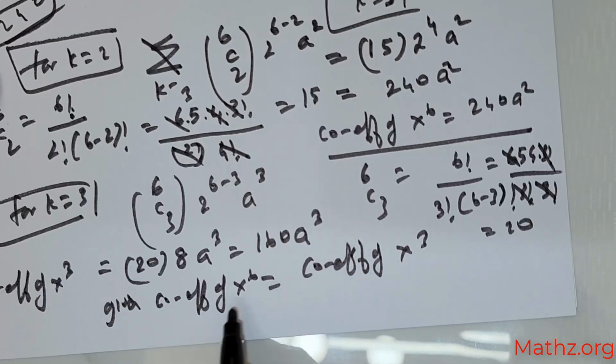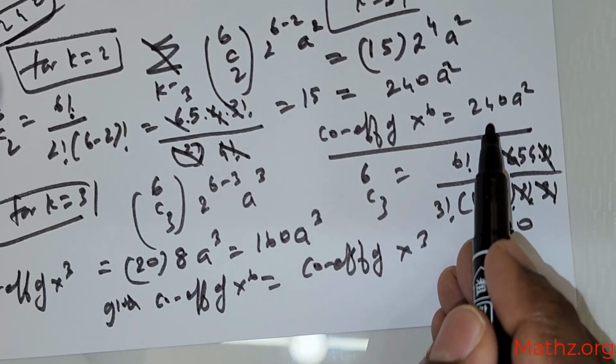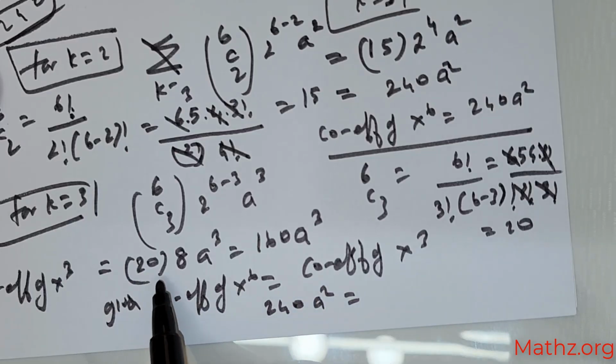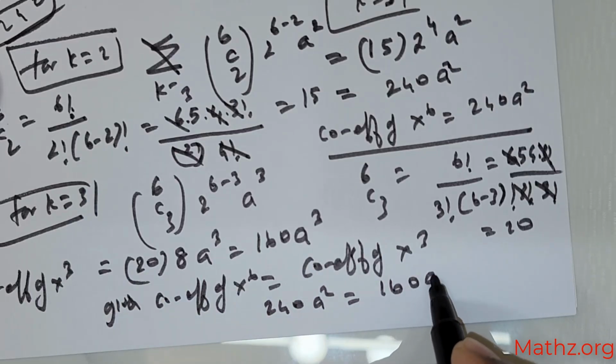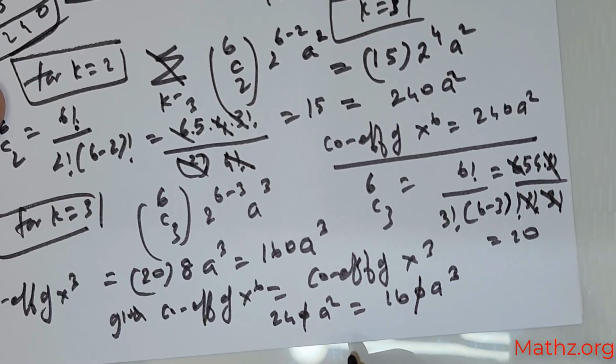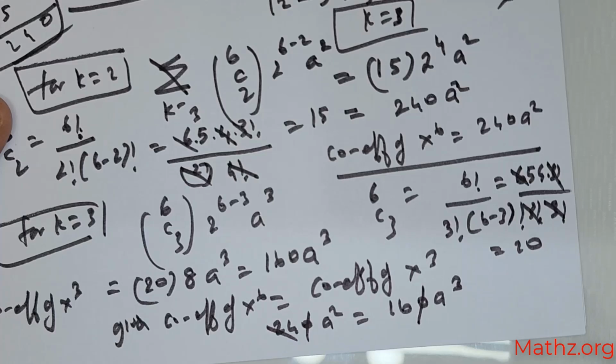Now coefficient of x power 6, what did we get? 240 a squared. And what is this? This is 160 a raised to the power of 3. Now 0 and 0 get cancelled, right? 4 divides here, or I would say 8. 8 3s are 24. 8 times 2 is 16.